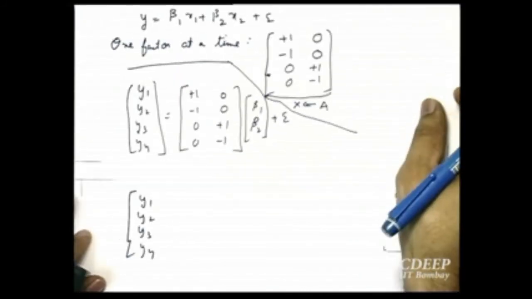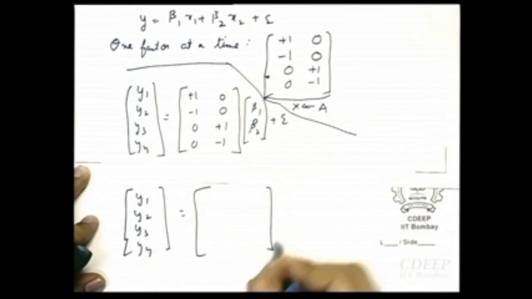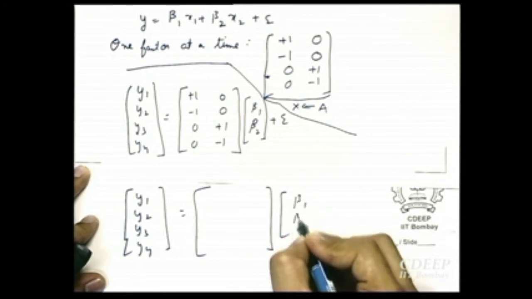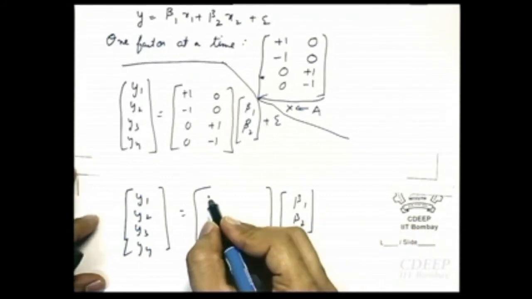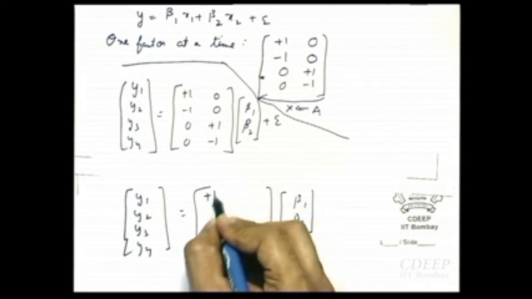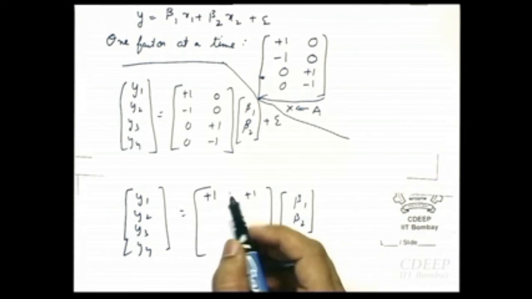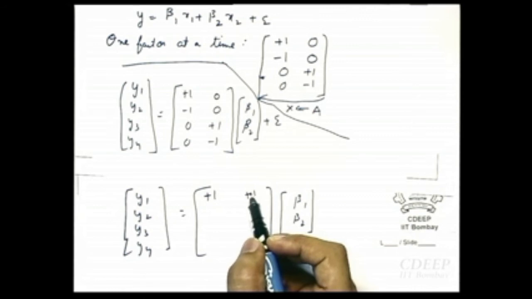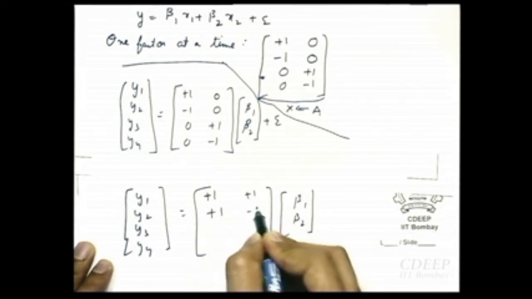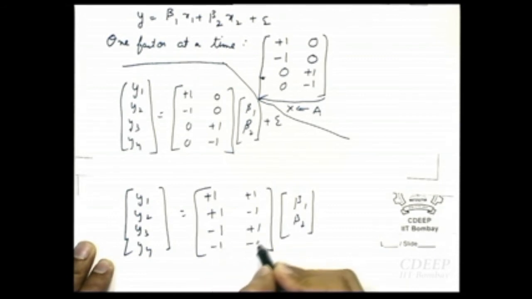If I perturb both the factors together, I have an experiment where both variables have increased, so +1, +1. That is one observation, with x1 at +1 and x2 at +1. Then I have +1, -1, then -1, +1, then -1, -1. I have 4 experiments in this.